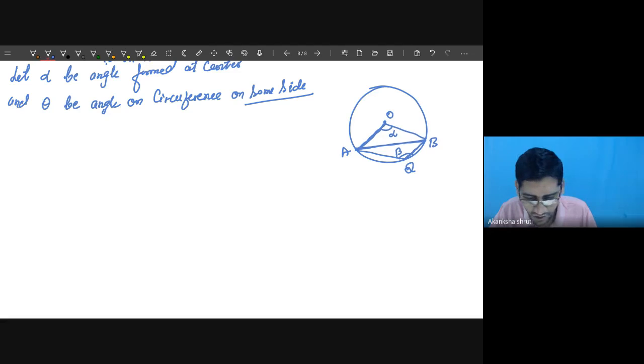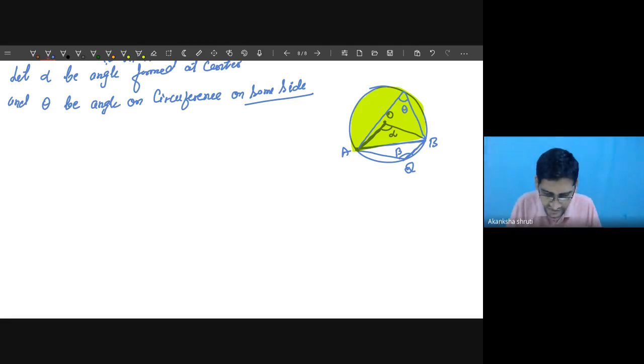Students, here you can observe that the center is on the major side, but the angle formed is on the minor side. So these are on the opposite side. One may also take theta formed on the major side, then this theta and beta are on opposite sides.